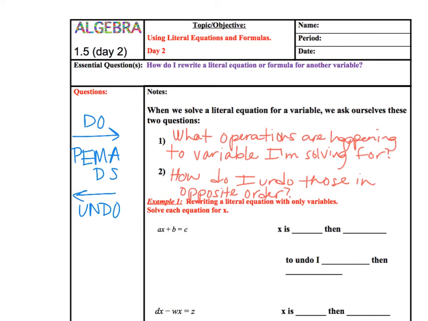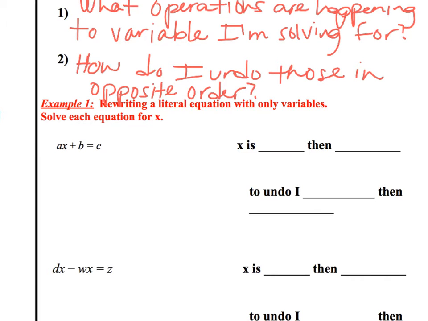So we're going to think about how this equation is put together, and then how I undo what's happened. I'm going to highlight it, but you could box it or circle it. We are solving for x. So what we want to think about is what has happened to x, thinking about parentheses first, exponents next, multiplication, division, and then addition, subtraction.